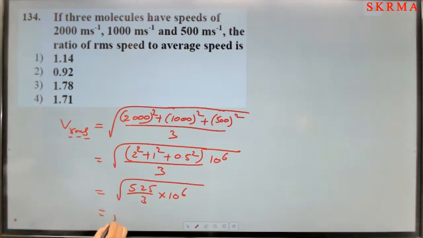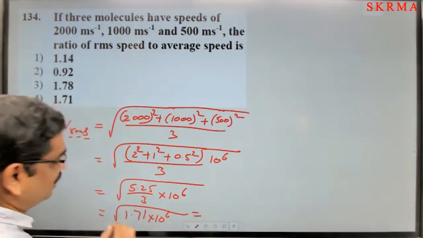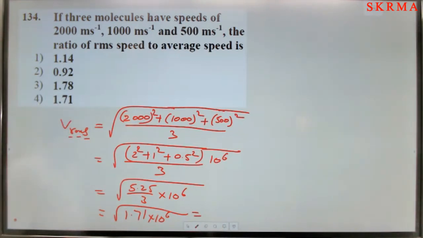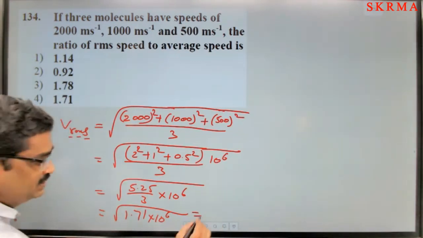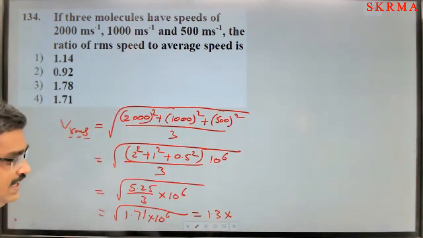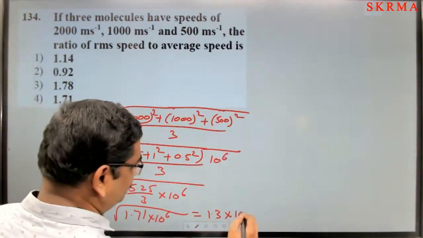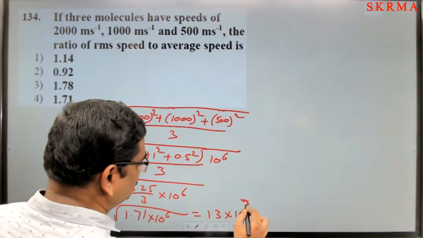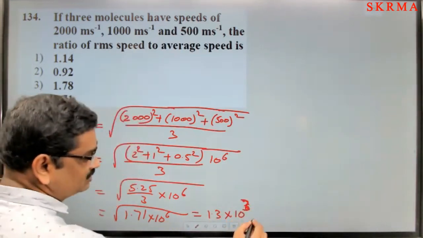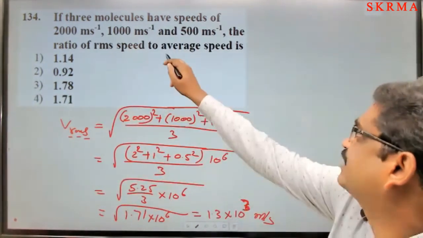That is 1.75, nearly 1.69, whose root is 1.3, since 1.3 into 1.3 is nearly 1.69. So I am taking the square root like this. Root of 10 power 6 is 10 power 3 meter per second. This is RMS velocity.